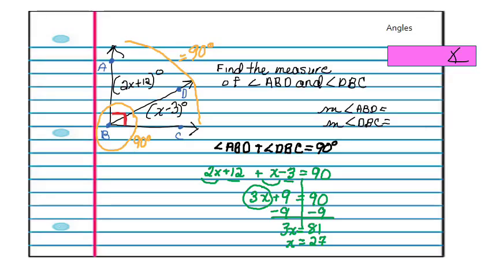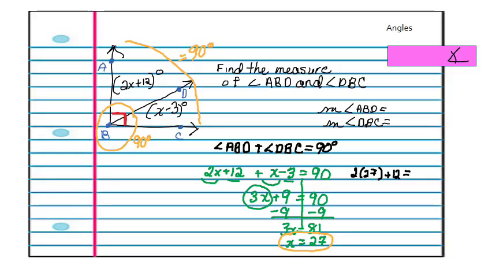So now that we know what x is, we can put it back into our original equations to find the measure of each of the angles. So the first one is going to be 2 times the 27 plus the 12. 2 times 27 is 54.